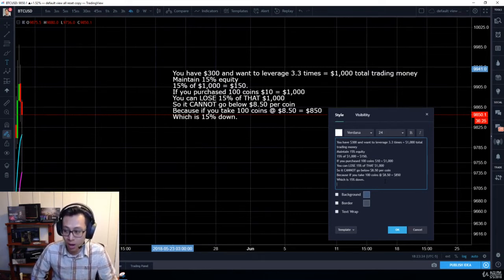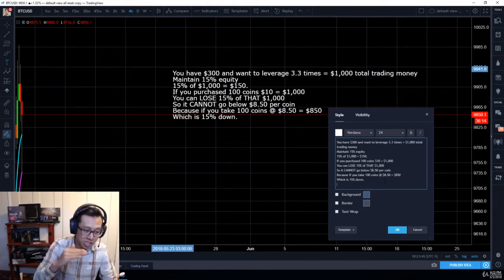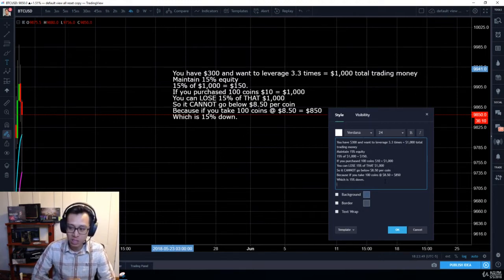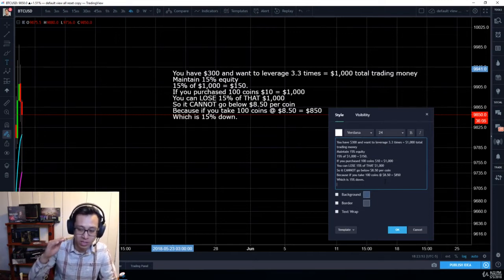In fact, a lot of the time you are left with so much less than that, because you're trying to catch a falling price. So let's say the price ends up going down from $10. Now it gets to $8.50.